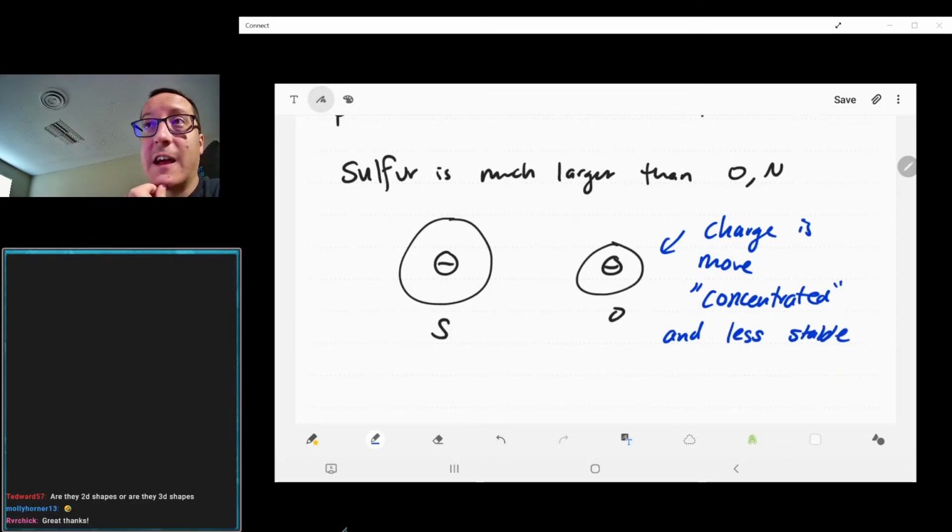On the other side, sulfur is bigger and can therefore accommodate that negative charge a little bit more. Just because it's bigger, it's got more room for those electrons to zip around, and it can accommodate the extra electron a little bit more nicely, and its charge is going to be less concentrated, and so it's going to be a little bit more stable as a result.